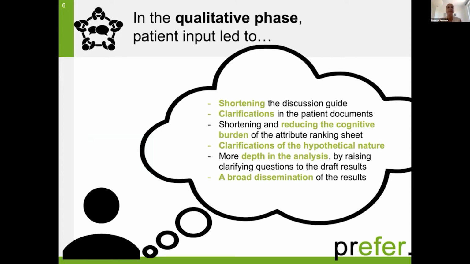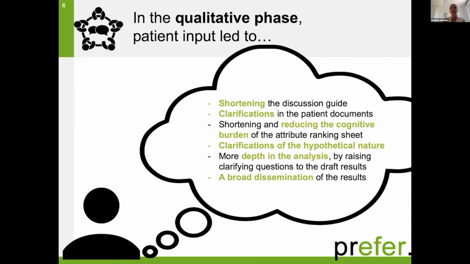So in the qualitative phase, patients, and here I mean patients diagnosed with multiple myeloma, as well as members from the myeloma patient organizations, pointed towards the fact that the discussion guide that we wanted to use in the beginning needed to be shortened, so that the discussion could take place within a shorter time period.